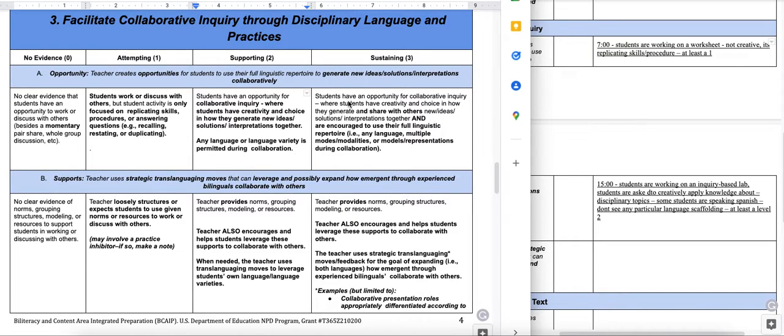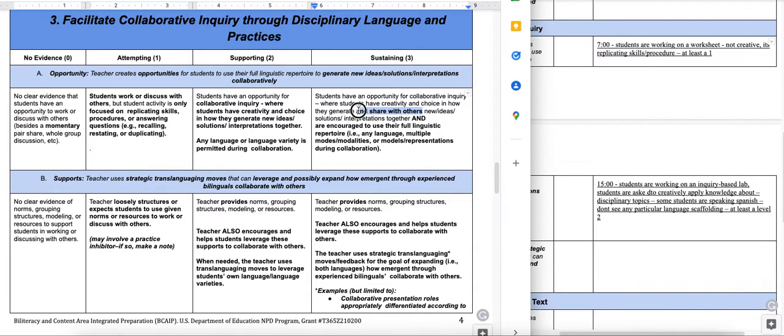Okay, and now once we've established that there is collaborative inquiry, we know that we may get into level 3 territory. So for a level 3, students are having an opportunity for collaborative inquiry where students have creativity and choice in how they generate ideas and how they share ideas with others.